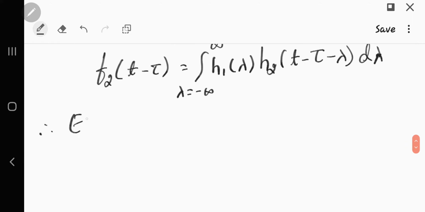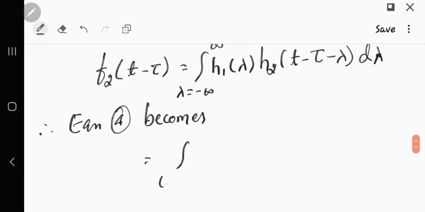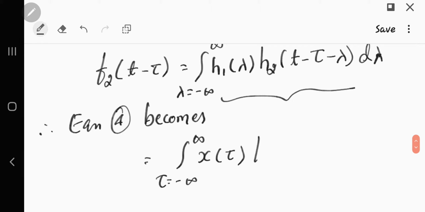Therefore, equation 4 becomes, so what happens to equation 4? Equation 4, we can simply write it like this: tau is equal to minus infinity to plus infinity, we had x of tau, and this entire term in equation 4 is replaced with f2 of t minus tau d tau.